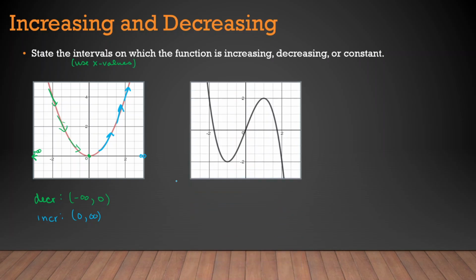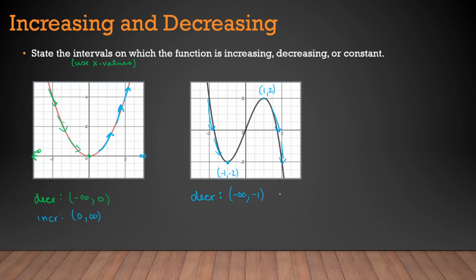Okay? Now in this curve, we're coming down here. We're also coming down on this side. So we're going to be decreasing from negative infinity to this turning point, which is at -1. And then this point here is at (1, 2).